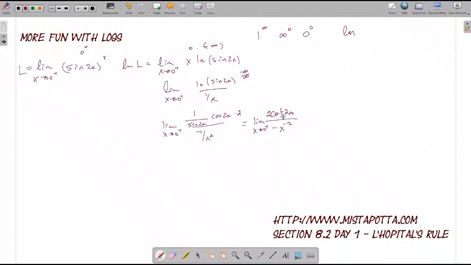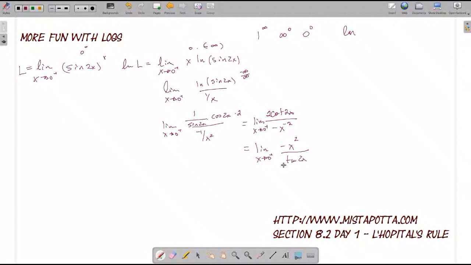And what I can do is rewrite this as the limit as x approaches 0 from the positive side, having a negative exponent in the denominator is the same as having a positive exponent in the numerator, and having cotangent in the numerator is the same as having tangent in the denominator.